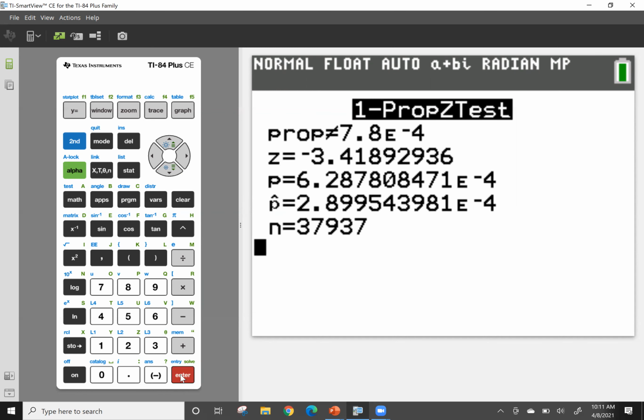And we calculate. So the p-value we get is 0.0006. It is given to me in scientific notation because it's such a small number. So we see over here, the e to the -4 indicates that it is a scientific notation.